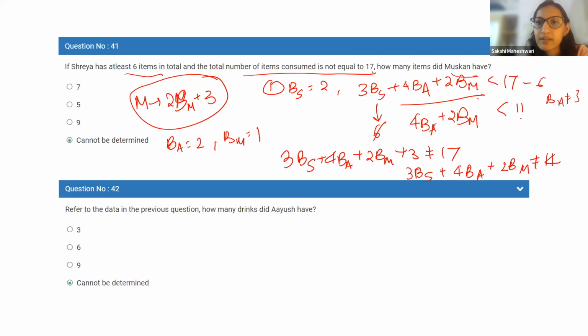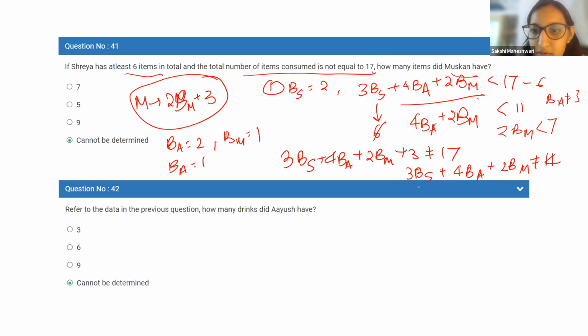And if you take BA as 1, so this will be 4 plus, 2 BM has to be less than 7. So if we take BM as 3, then let's see the total number.